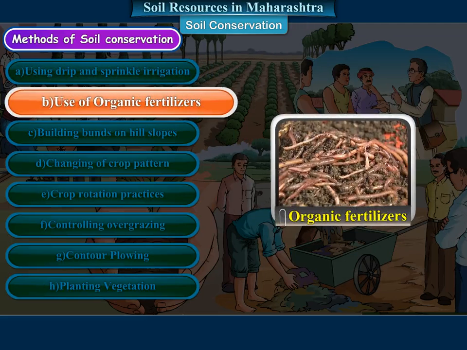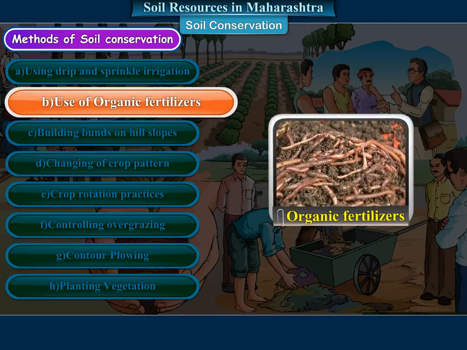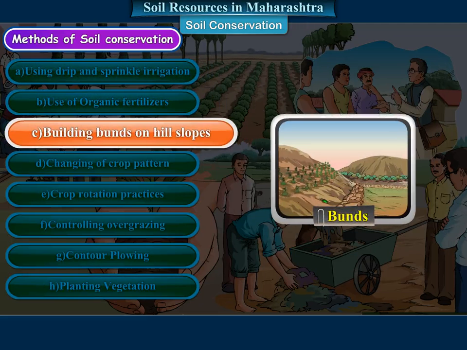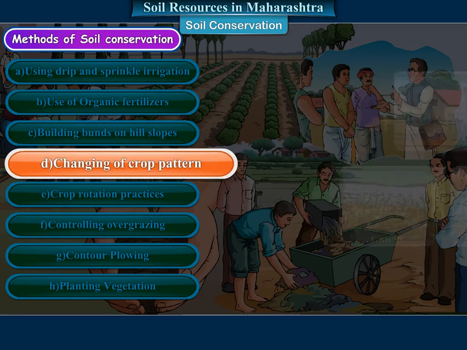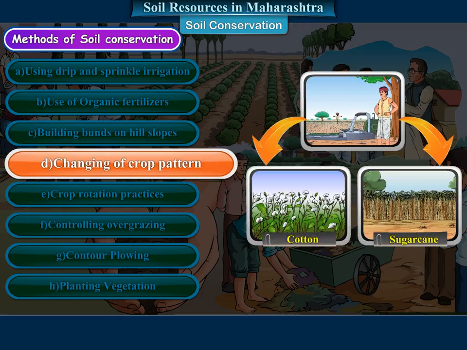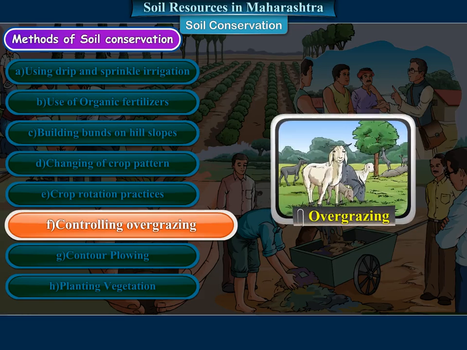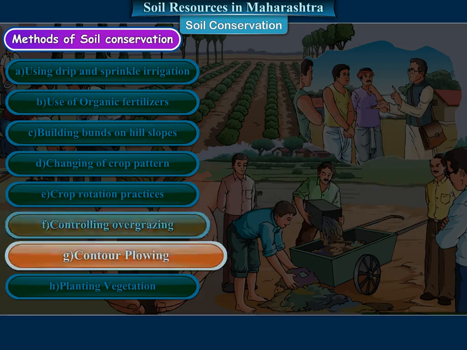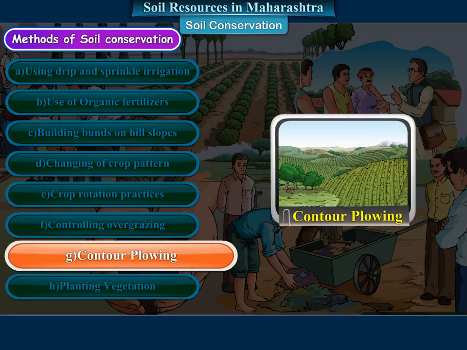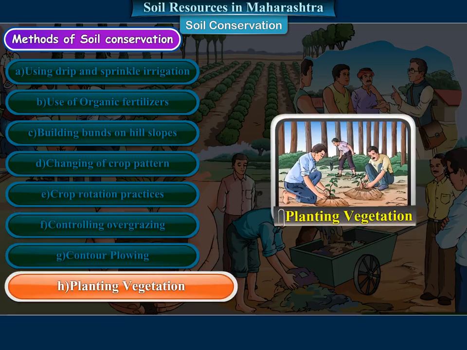B. Use of organic fertilizers. C. Building bunds on hill slopes. D. Changing of crop pattern. E. Crop rotation practices. F. Controlling overgrazing. G. Contour plowing. H. Planting vegetation.